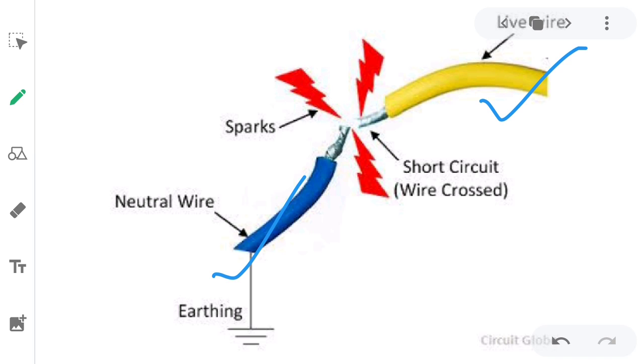So what is a short circuit? A short circuit is a condition in which the neutral wire directly comes in contact with the live wire.